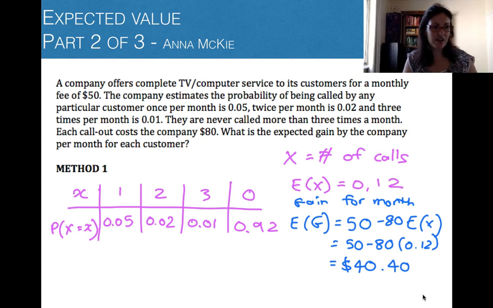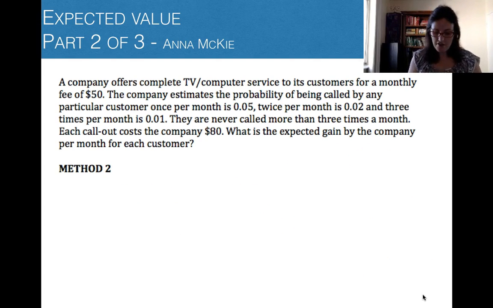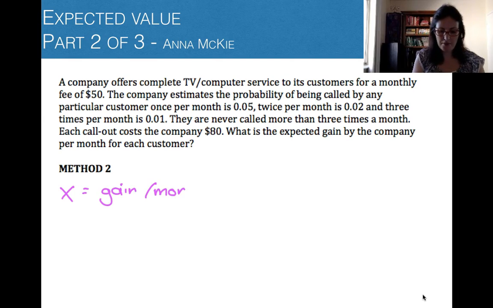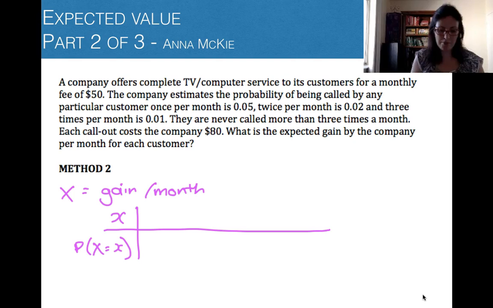The other way of looking at this is if you take the gain into account while you're constructing that table. So in this case, if you have X is the gain per month, you might work that into your table to start with. And both are perfectly accepted. There's no real right or wrong here, provided that you set it out correctly and explain what you're doing.